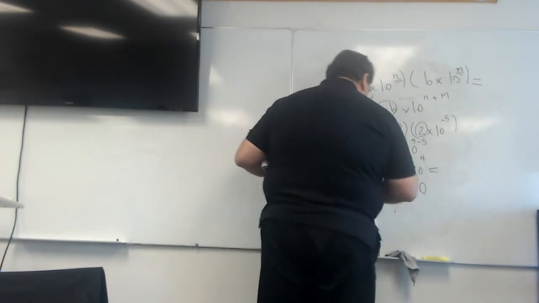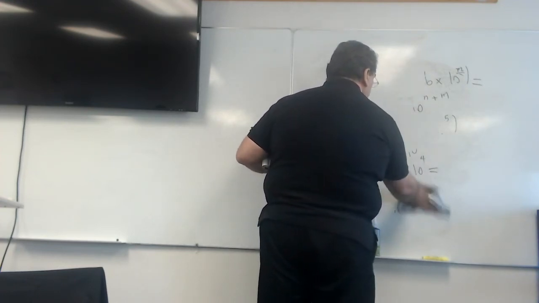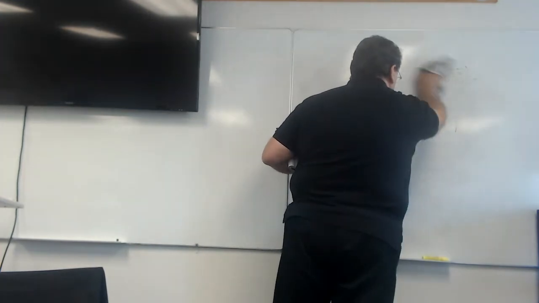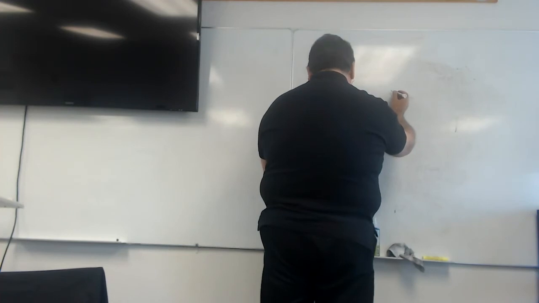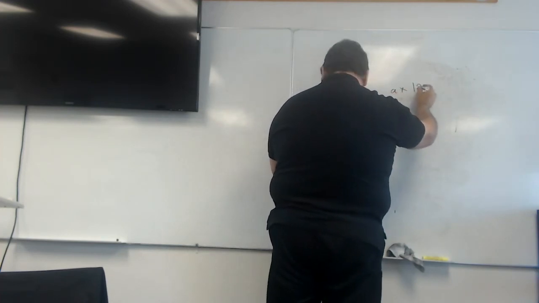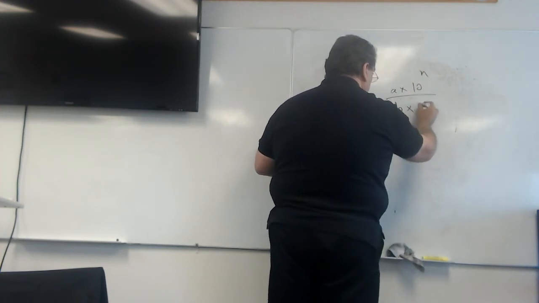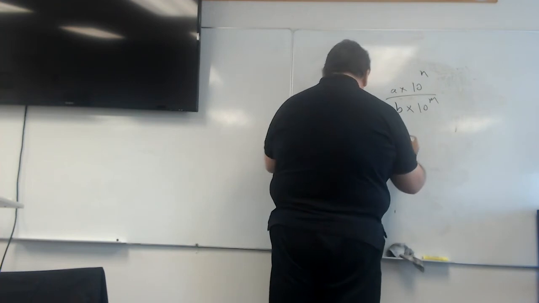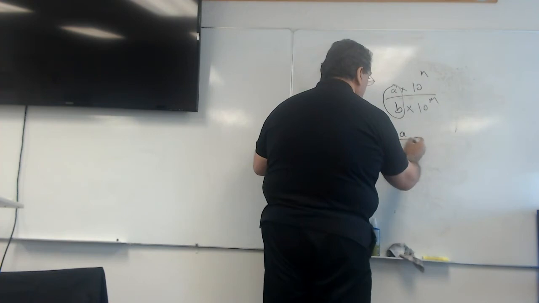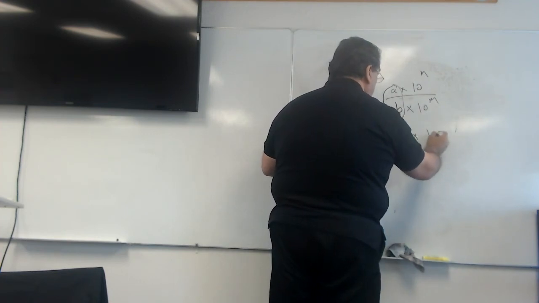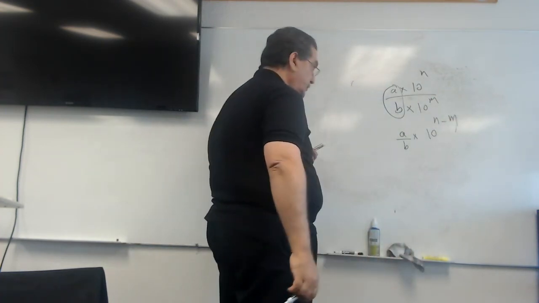So remember, this is the rule for multiplication. If you have A times 10 to the power of n divided by B times 10 to the power of m, the rule is this: A divided by B times 10 to the power of n minus m. That's the rule, okay?